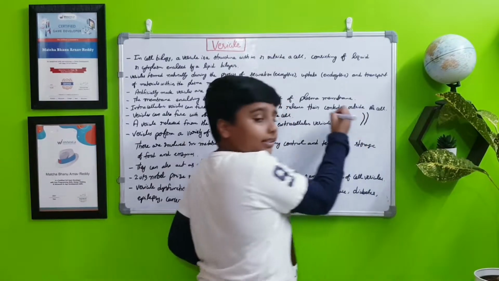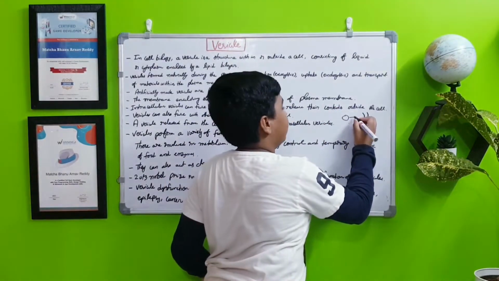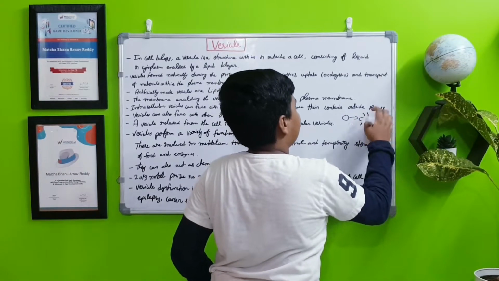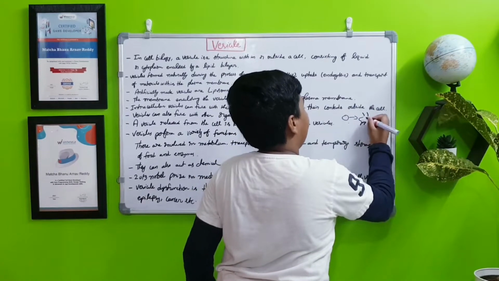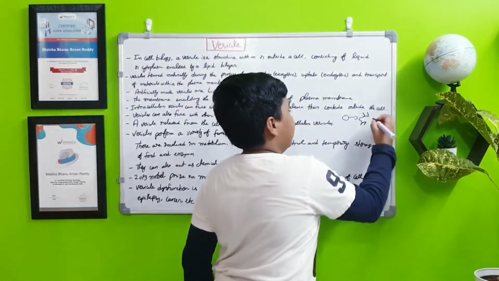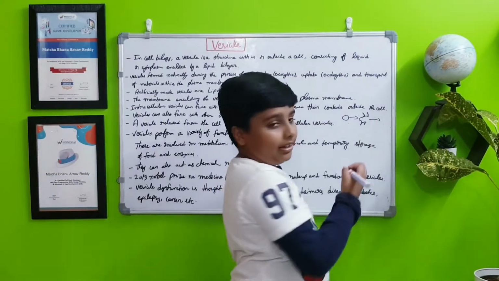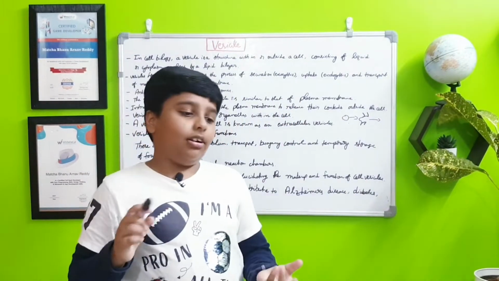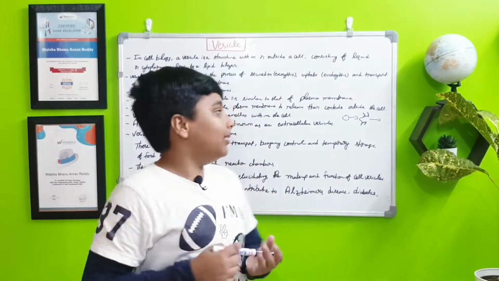The vesicle will go here, it will release its contents here, and finally the contents of the vesicle will go out, like proteins or other small lipid-like things.